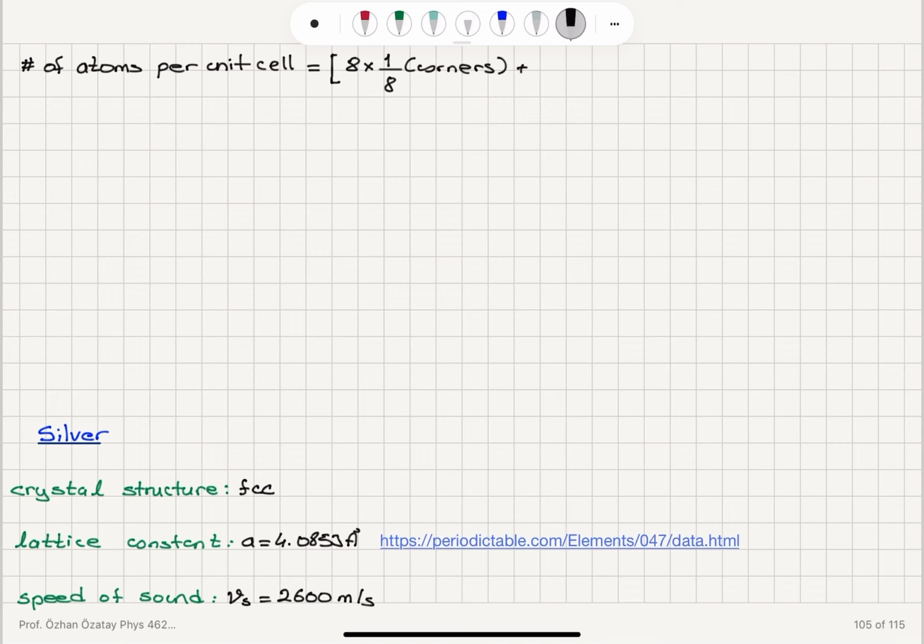And then we have 6 atoms at the face centers, half of which are inside the unit cell. So we have face centers. And then because we have a 2-atom basis, we have twice the contribution. That's from the basis. So in the diamond structure, we have 8 atoms per unit cell.